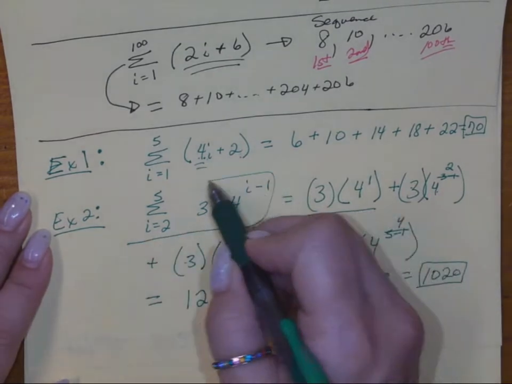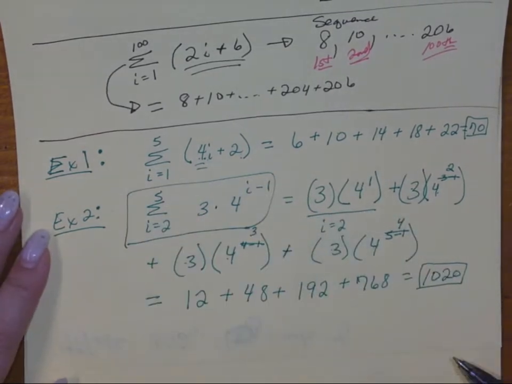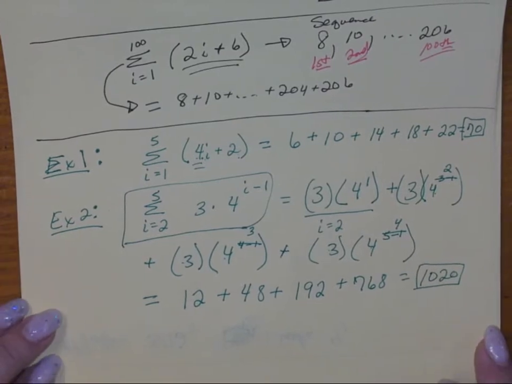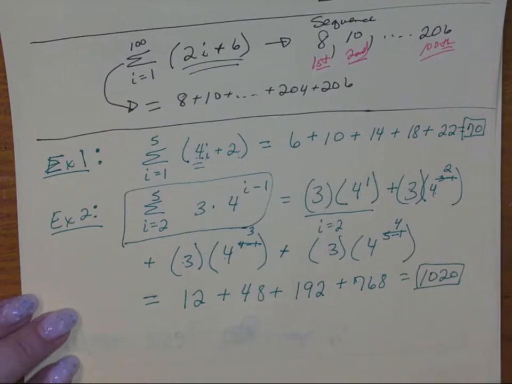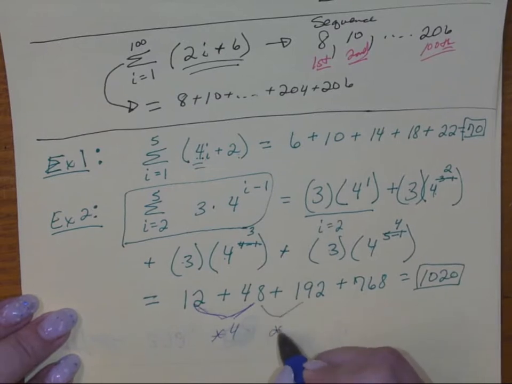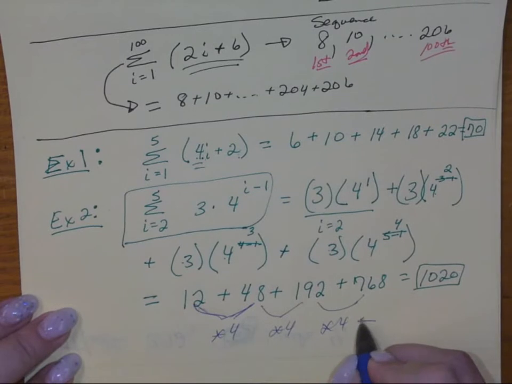Right here was my exponential function. So my answer is 1,020, and that's a pretty big number. Again, inside of here, whenever I look, I can see this was times 4, times 4, times 4. So I can see that that's the constant ratio going in there.